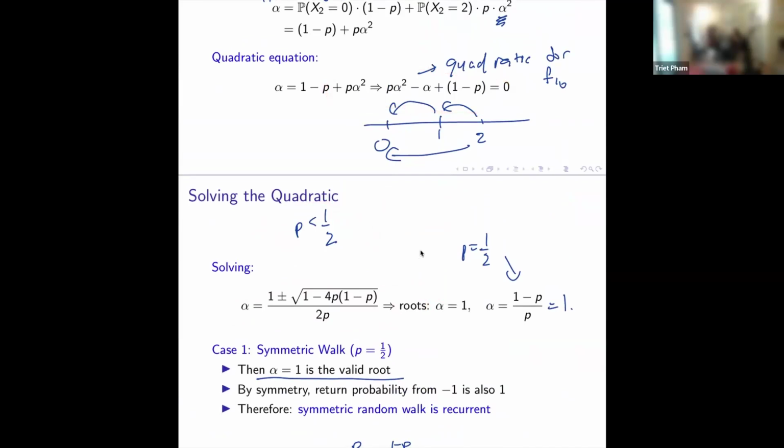So if p is less than 1/2, what is this root? Then 1 minus p is bigger than 1/2, correct? Then if you take something bigger than 1/2 divided by something that's less than 1/2, what is the net result? The net result is something bigger than 1, correct?